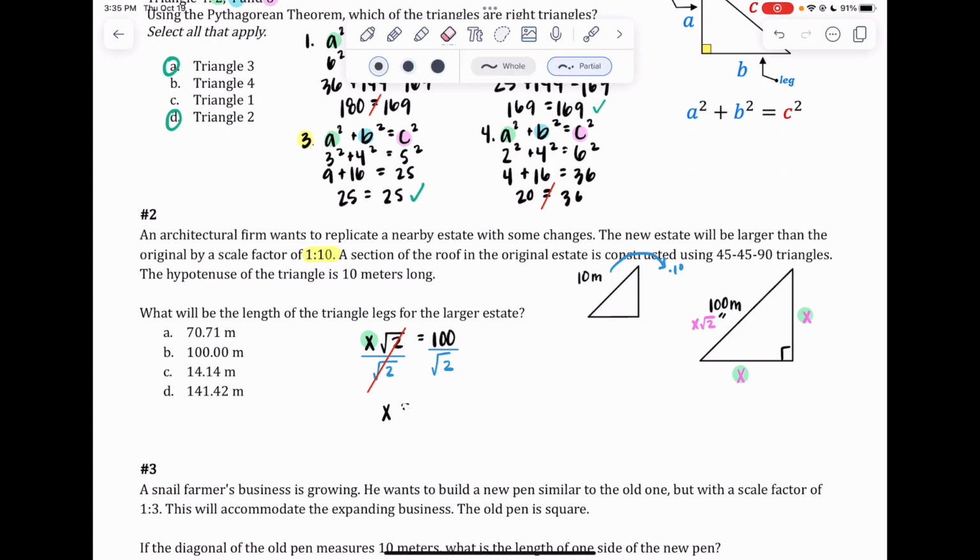So we could say x is approximately 70.71, and this was in meters. So this answer ends up being A. So approximately 70.71 meters is going to be the length of the legs of that section of the roof on the new estate, the one that's been expanded.